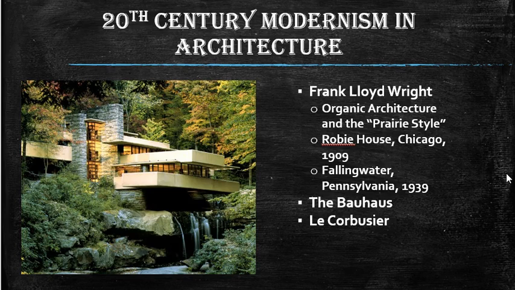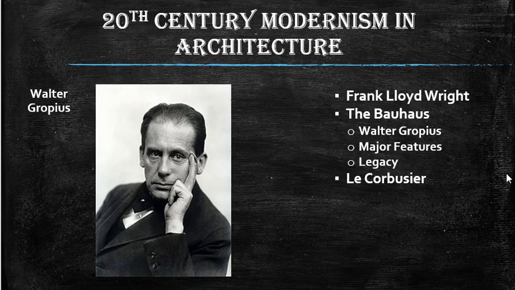Another school of architecture that flourished alongside Wright's prairie style would be the Bauhaus. The Bauhaus is a school of architecture and also applied art, what you might call applied art, founded by the German architect Walter Gropius.